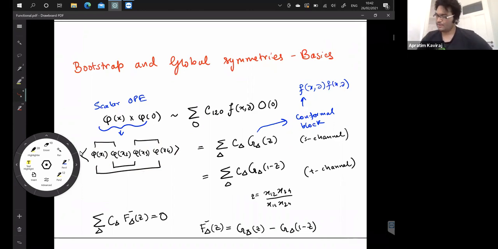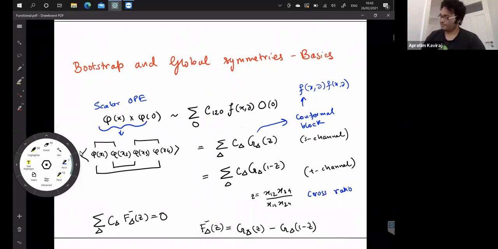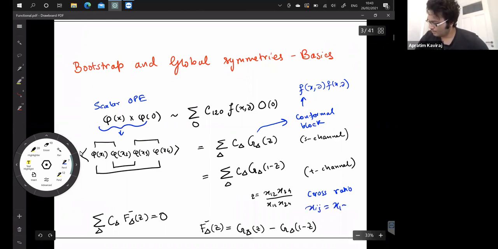So the S-channel and T-channel are related by changing z to 1 minus z. Here z is a cross ratio, given by the following, where xij is defined as follows.